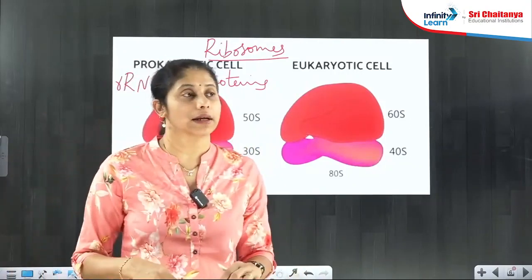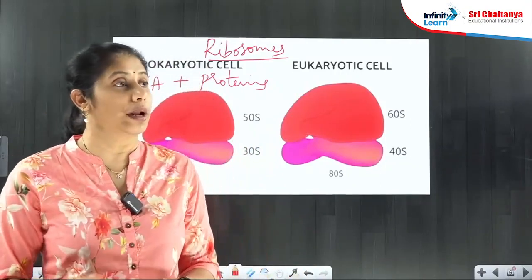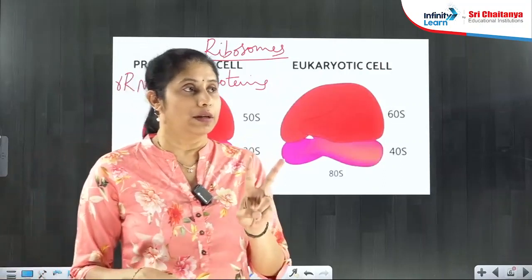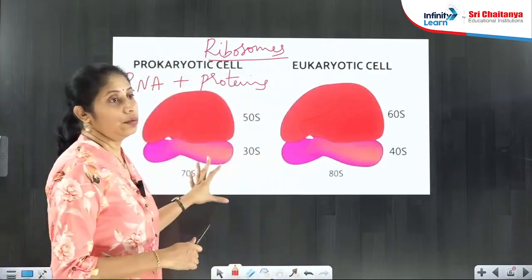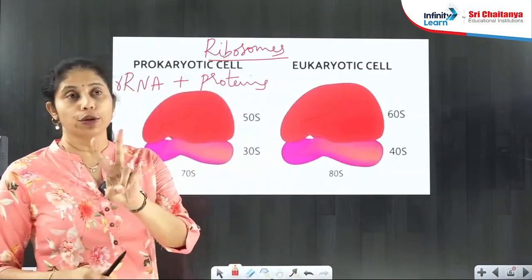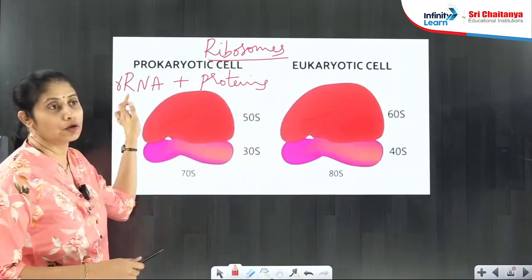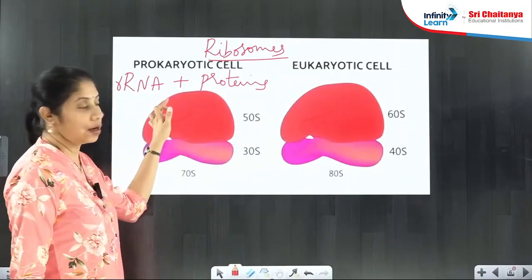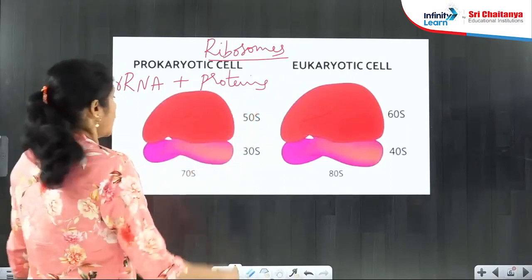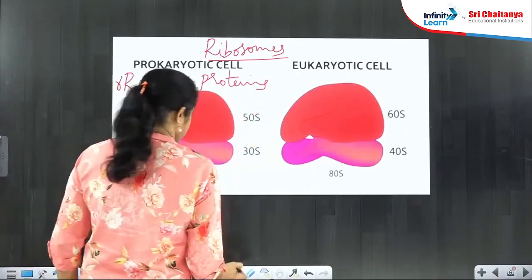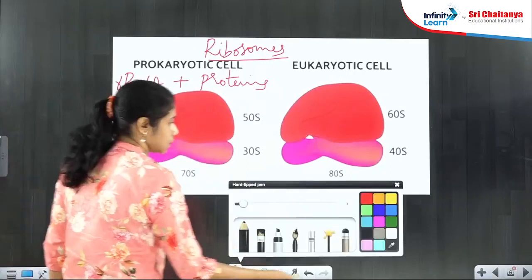How many membranes are there in the mitochondria and chloroplast? 2 membranes. Do you remember? Now ribosomes are made up of only 2 things: one is rRNA, ribosomal RNA, ribonucleic acid, and proteins. And here, can you see any membranes? No membranes.